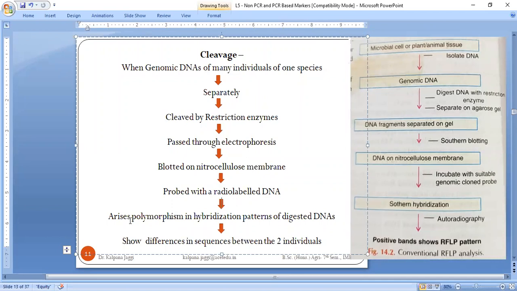And as a result, there arises variation in hybridization pattern. Some will hybridize at the first location, some will hybridize at the second location, some will hybridize at the third location. So variations will arise due to the hybridization patterns of digested DNA.